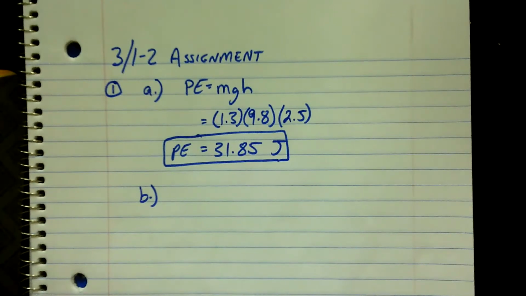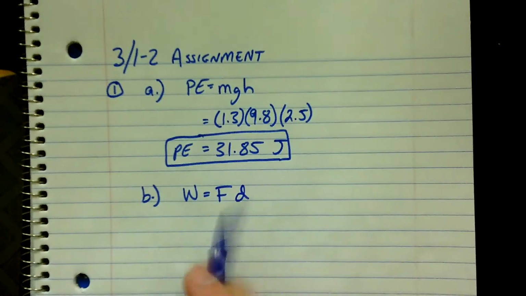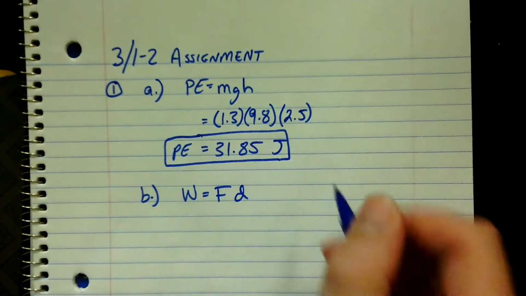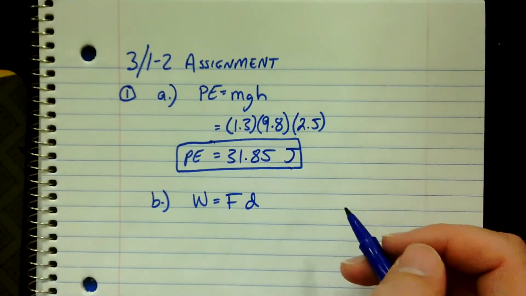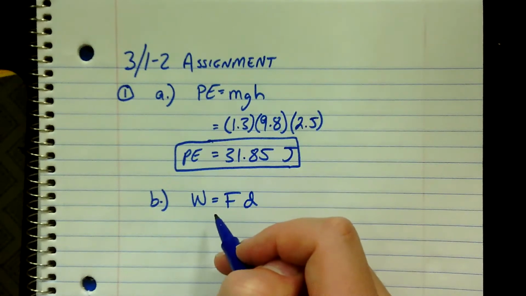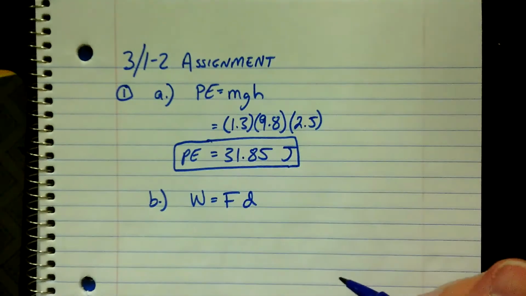Now we're going to have to think back a little bit to figure out work. We did this sort of calculation last time. So work we know is force times distance. But what's my force? When you're lifting something, what would be the work required to lift it to that height in the air? You're doing work against a force.